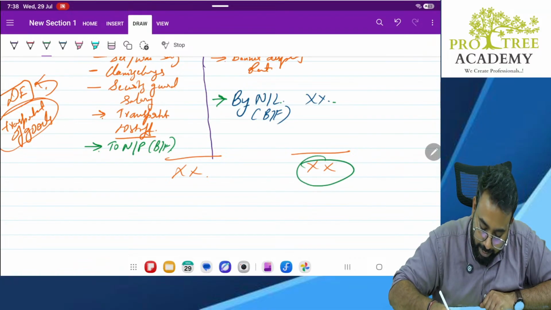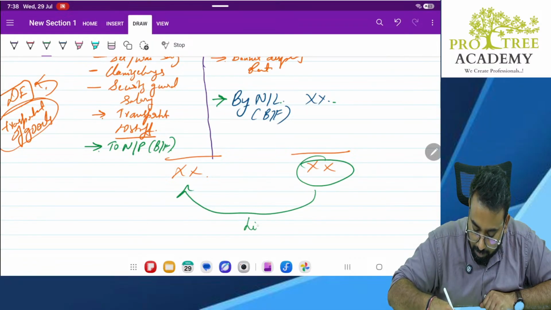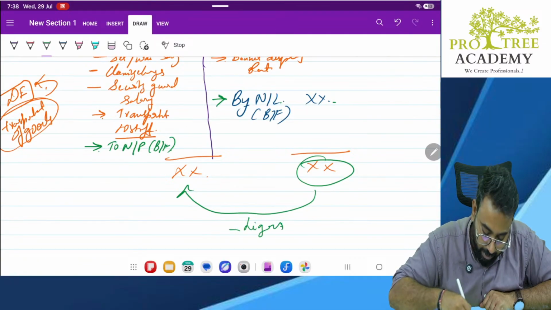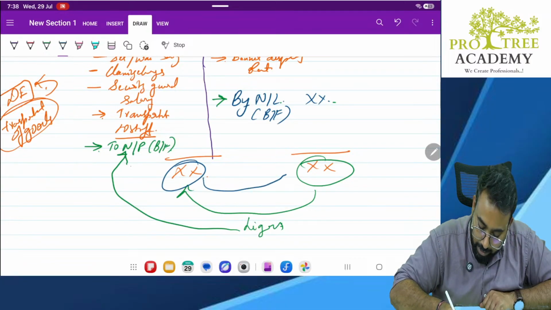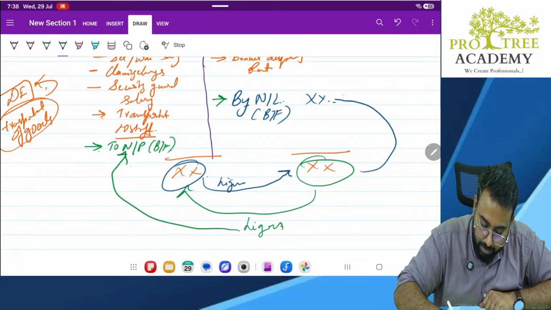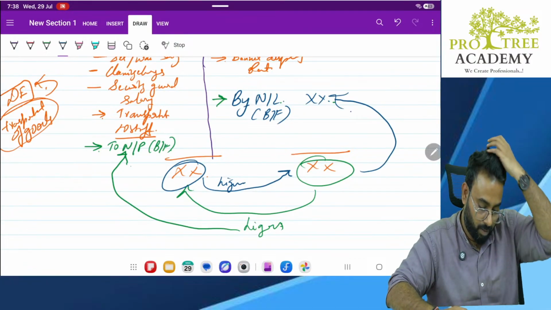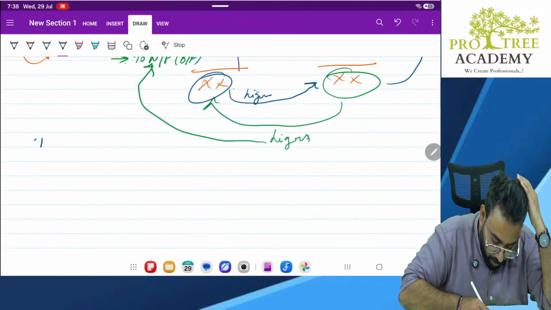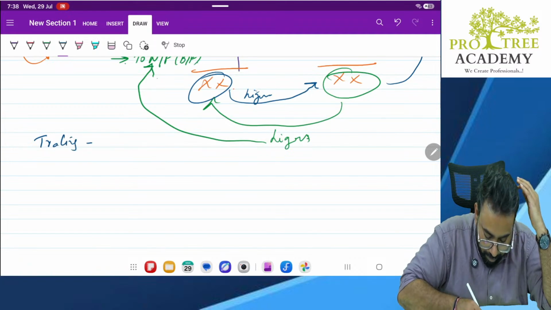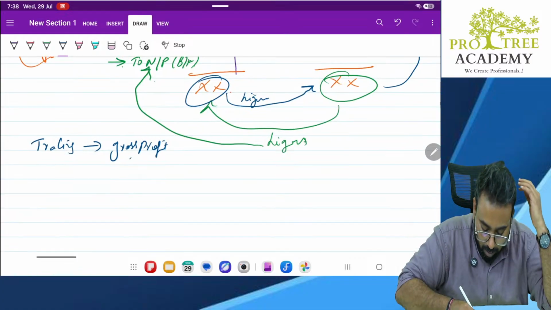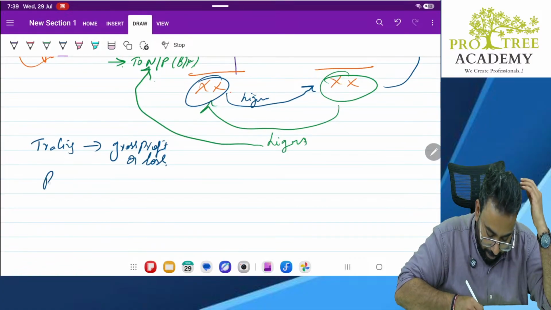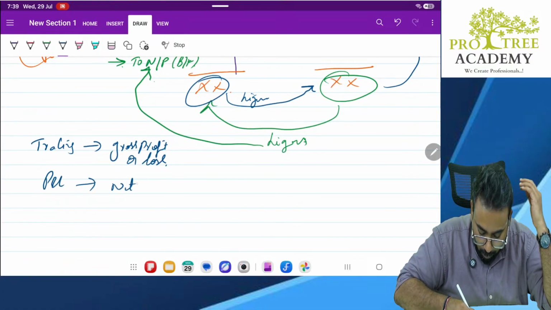If your credit side is higher than the debit side, it will result in net profit. If your debit side is higher than the credit side, it will result in loss. So in short, your trading account gives you gross profit or loss. Your P&L account will give you net profit or loss.